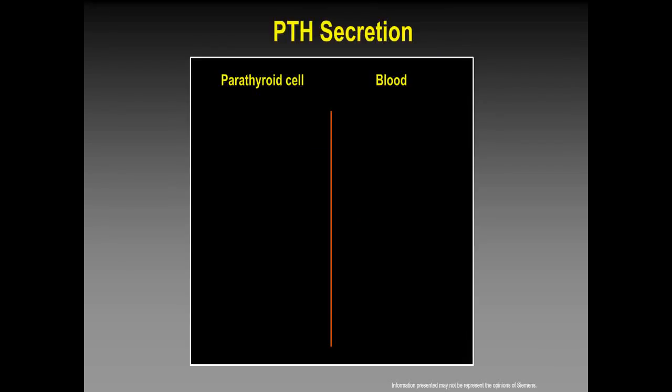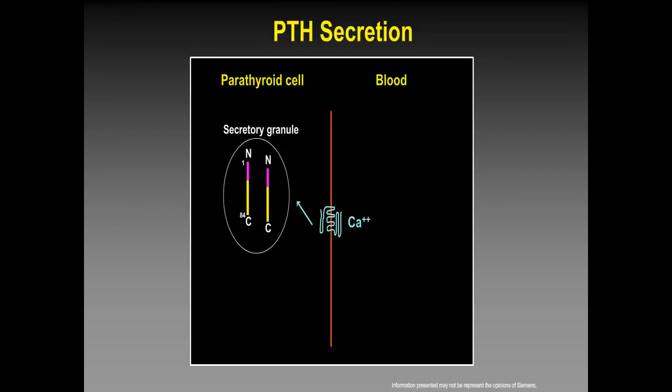So, of course, it was of interest to find out where these fragments came from, and we know that the PTH is synthesized and stored within the parathyroid in these secretory granules, and then with a stimulus of calcium falling in the blood, there's a stimulus to secrete the hormone, which it does, and secretes the intact 1 to 84 peptide into the circulation.